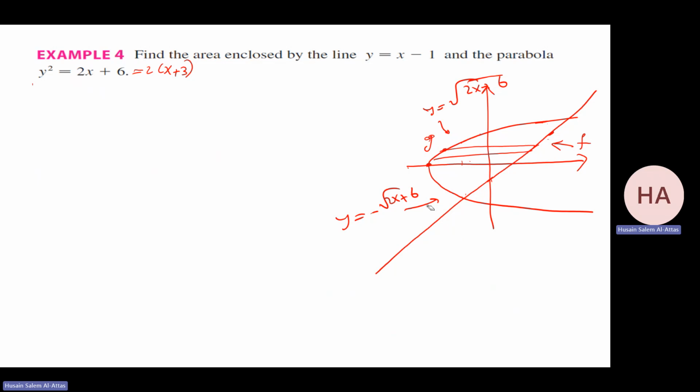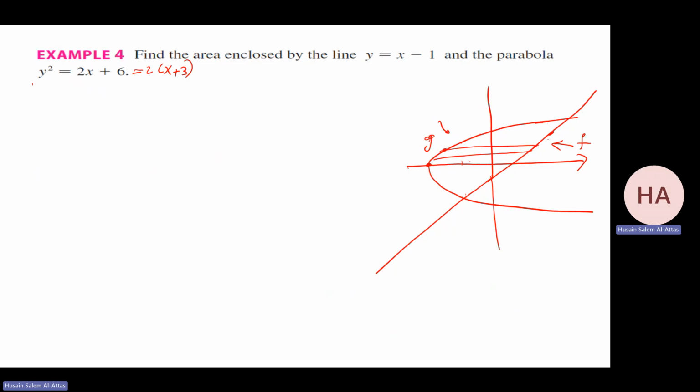Now no need to do all of this, because it will be f minus g as a function of y, not a function of x.